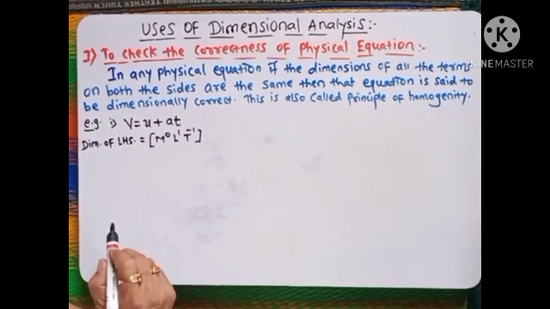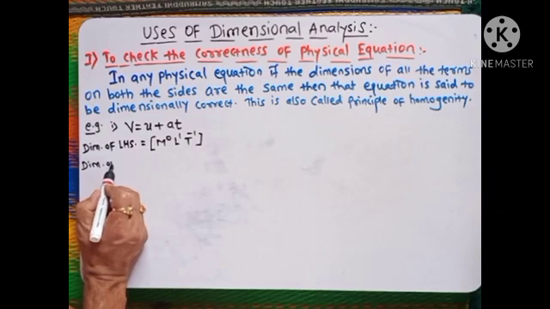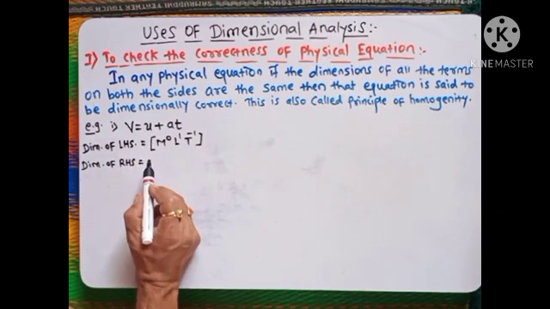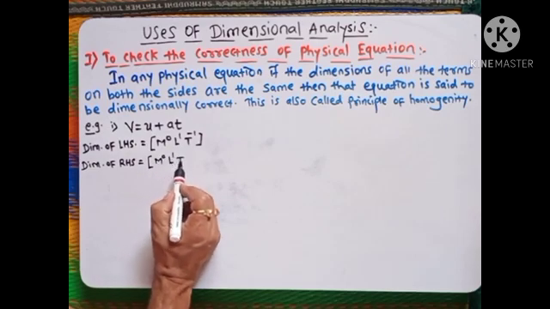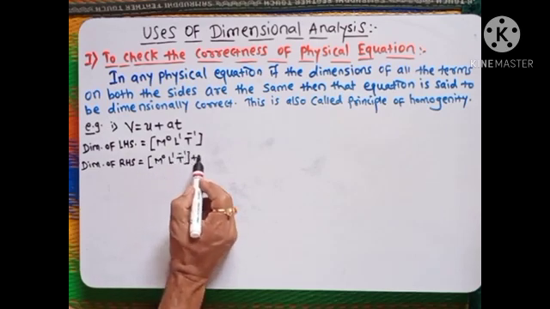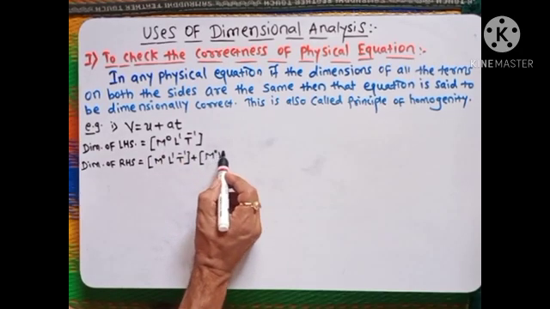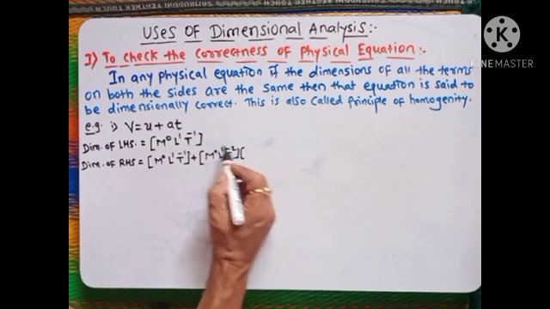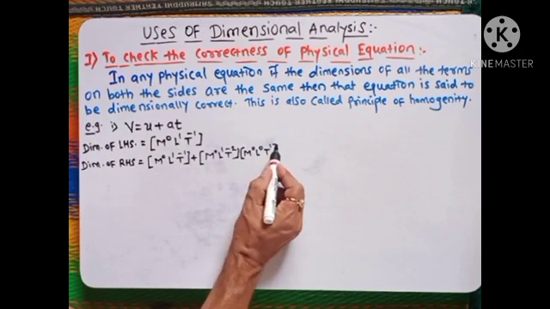Now the dimensions of RHS, the right hand side. U, that means velocity, is M0 L1 T minus 1, plus A, acceleration, M0 L1 T minus 2, into time, which I write as M0 L0 T1.